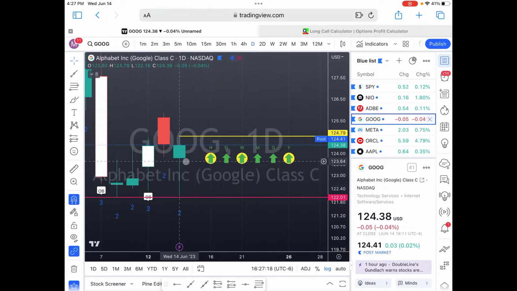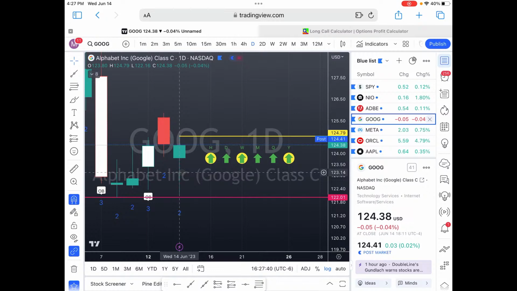Okay, so we have a hammer candle. We have a 2 down, which means it only broke the low of the previous candle. There's 2 downs and 2 ups. Okay, so we went over the 1 or the inside bar. The 2 down only breaks the low of the previous candle, but it finished green. So again, when it finishes green instead of red, it's a 2 down green instead of red.